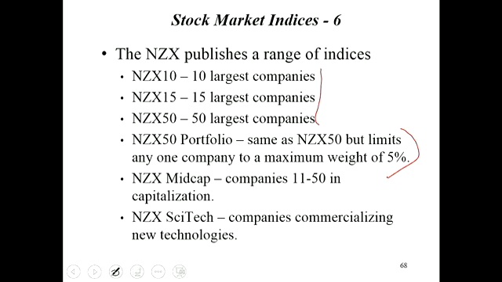Back when they actually started doing this, Telecom, which has now changed its name, was about 25% of the total market. And they said, no one would hold 25% of a portfolio in Telecom. So they brought out this portfolio index, limiting the weight to a maximum of 5% for any one stock to try to better reflect what investors were likely to do.